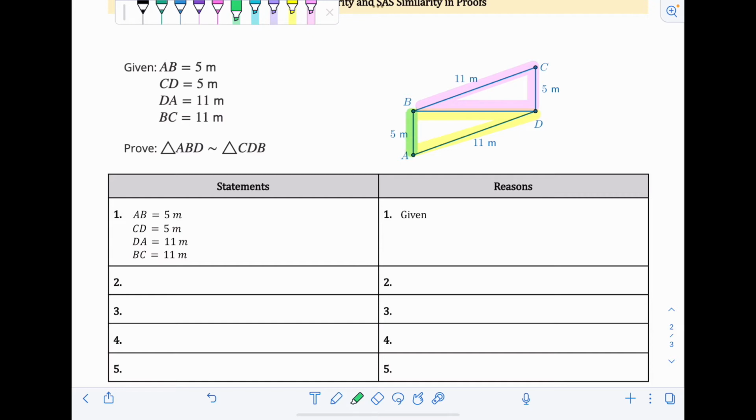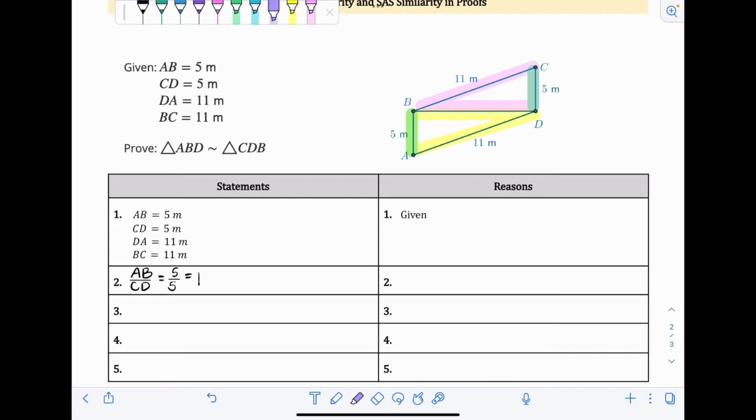So AB and CD, those are corresponding. So we'll say AB over CD, that'll be 1 ratio. AB is 5 and CD is 5 as well, and 5 over 5 simplifies to 1. Then we want to find the second pair of corresponding sides that hopefully have the same ratio as the first one.